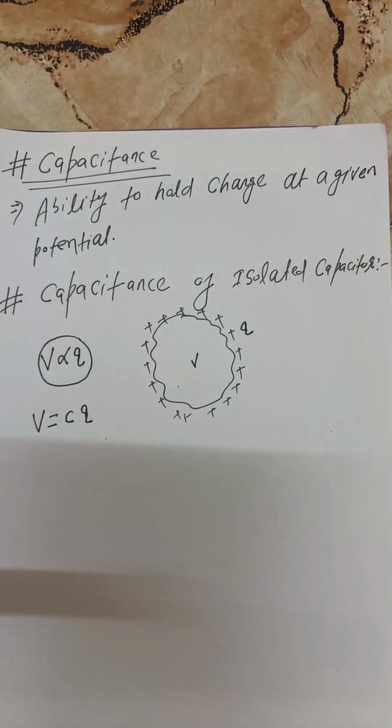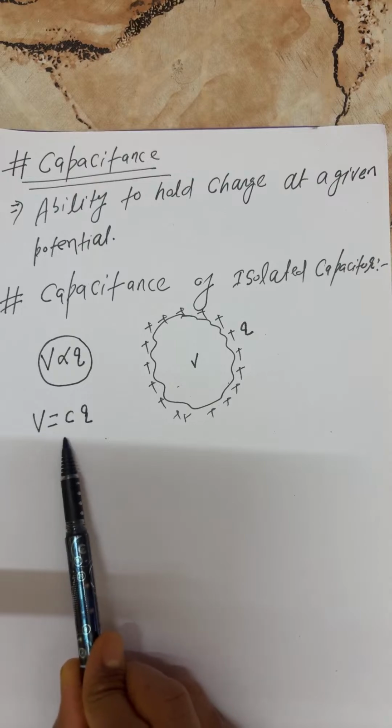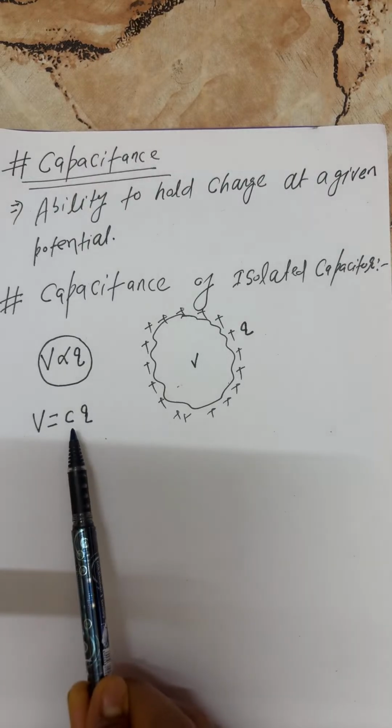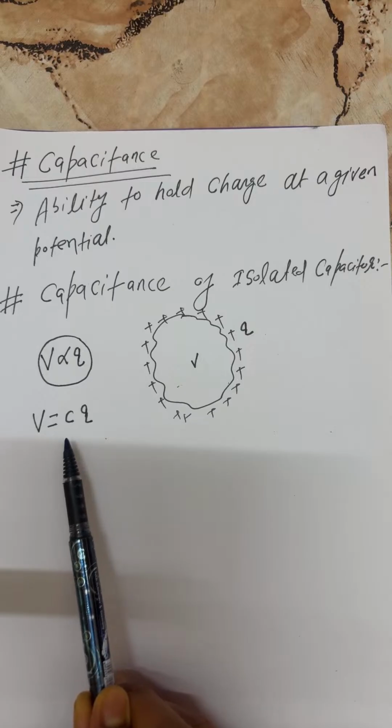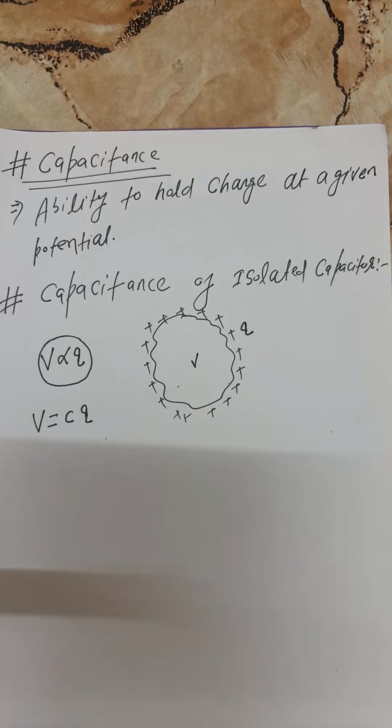We can say this is the proportional constant, right? And C is basically the capacitance of the conductor. V is proportional to Q; if you remove the proportional sign you get V equals CQ, where C is the proportional constant, but in reality C is the capacitance of a capacitor.